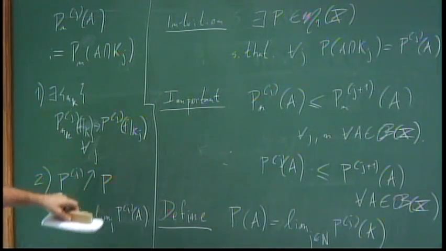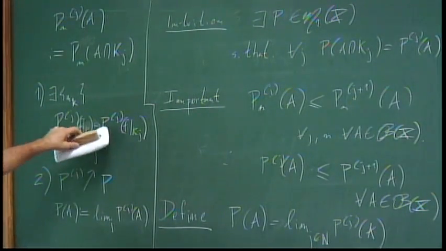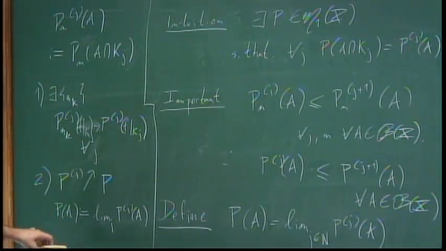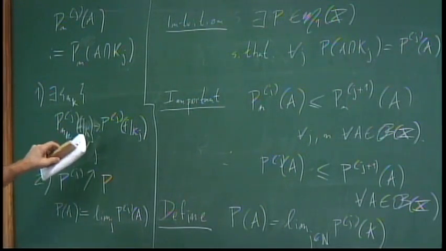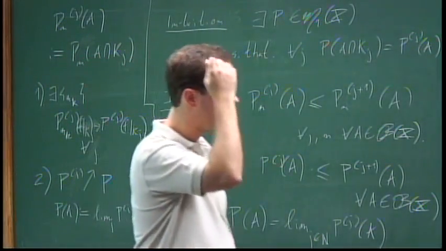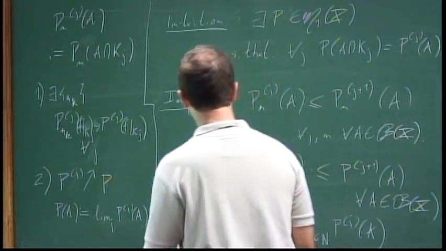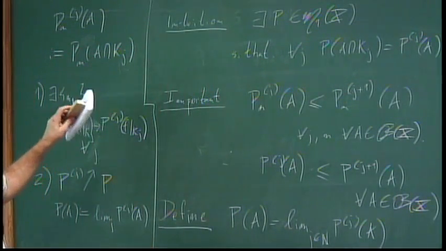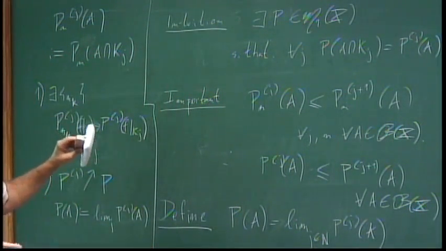I haven't said anything about whether P of A is the weak limit of P_{n_k}. I have not said that, right? So that's an important point. If you have any increasing sequence of sets K_j, if they're compact, then I can do all of this.